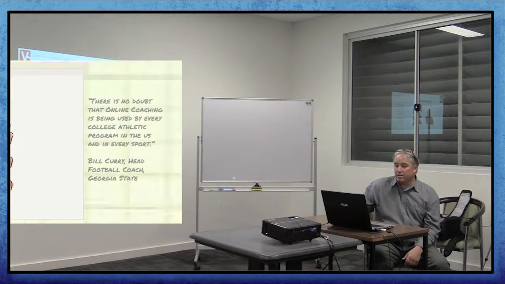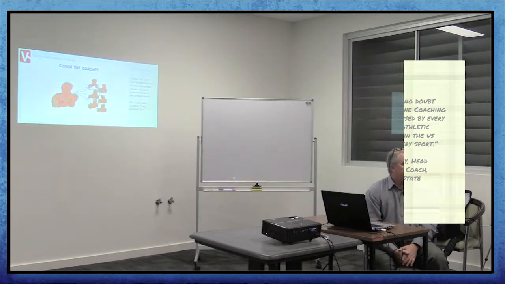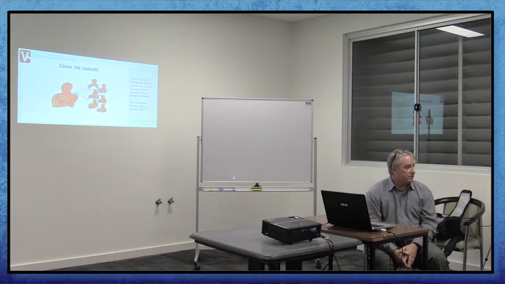The interesting part is when I went to the US and went through all the coaching systems, mainly the college NFL and college basketball systems, they're all using online tools to manage their athletes.